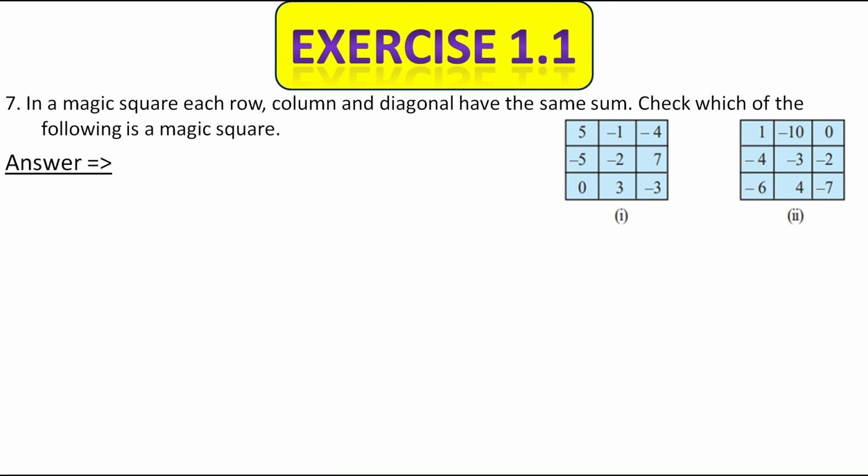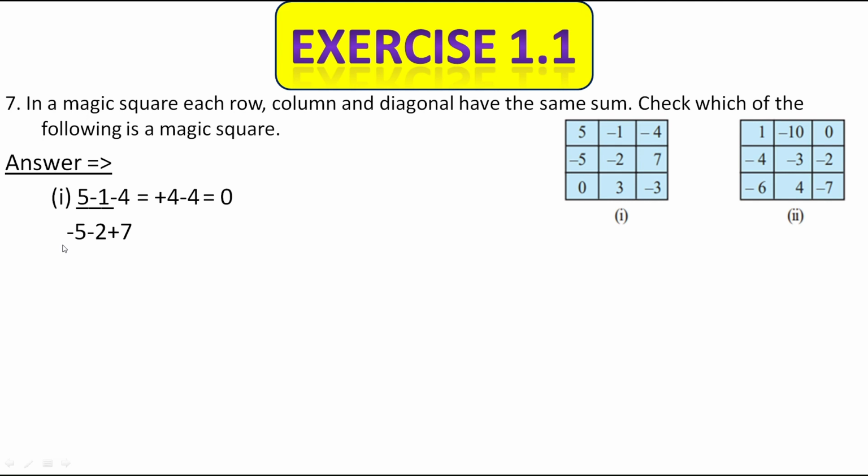Okay, so let's start. First I'll take the first one. First we will add rows. The first row has 5, -1 and -4. I'll make a group of these two numbers. So 5 minus 1 is 4 and this one is -4. So plus 4 minus 4 gives you the answer 0. Now the next row has -5, -2 and +7.